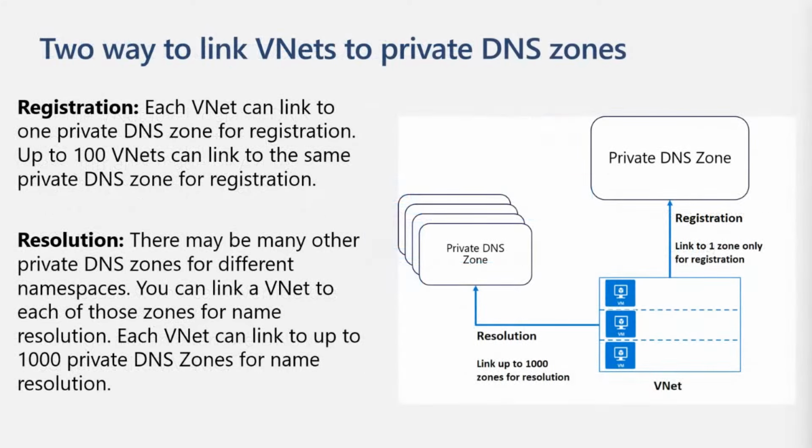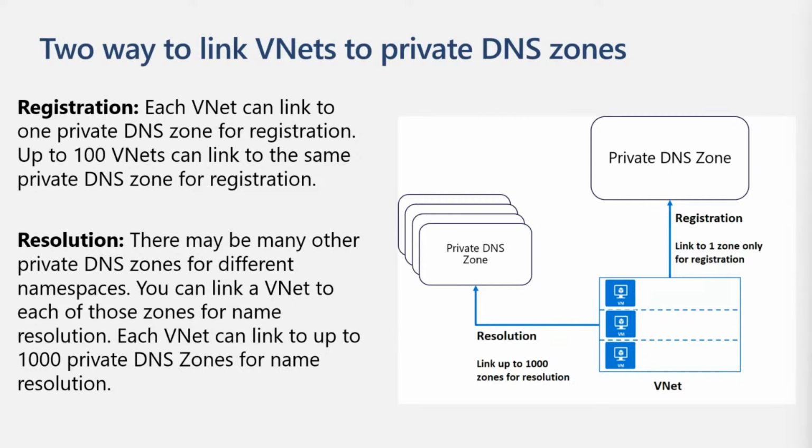There are two ways to link your virtual networks to a private zone. One of them is registration, the other is resolution. Each VNet can link to one private DNS zone for registration. However, there is a limit: up to 100 VNets can be linked to the same private DNS zone for registration.